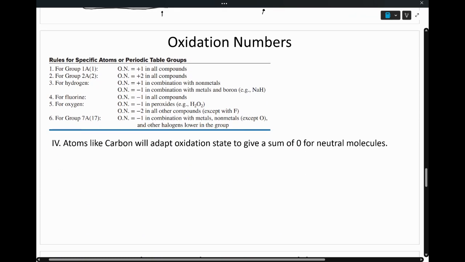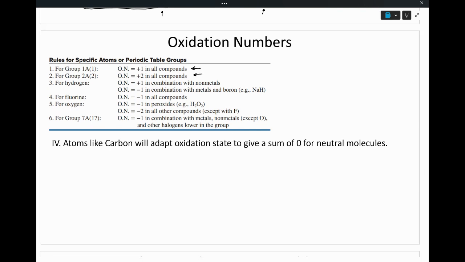So here I'm giving you the table, and then, like I said before, my metals adopt a positive oxidation state. This is your alkali metals, and those include things like potassium, lithium, and sodium when they're in an ionic form. And then these are alkaline earth metals. So I'll just say alkaline earth. This is things like Mg2 plus, calcium 2 plus.